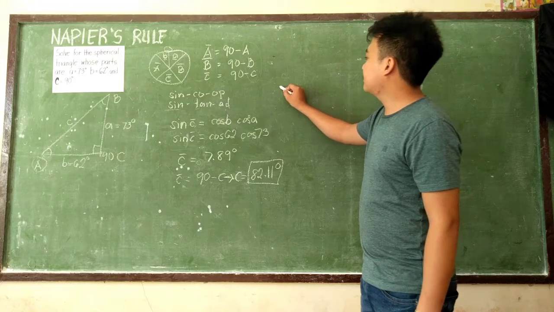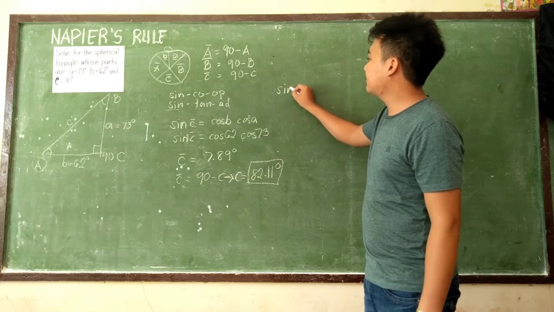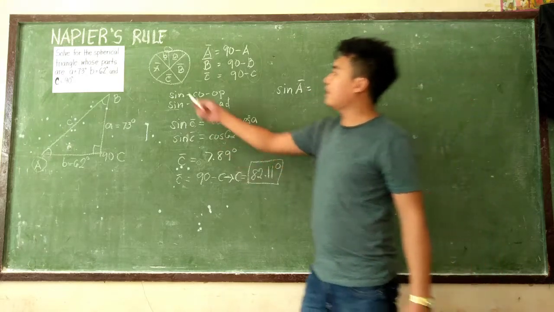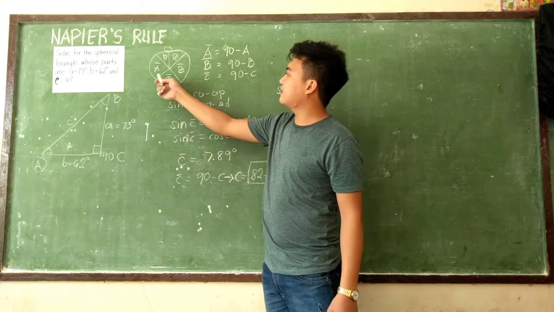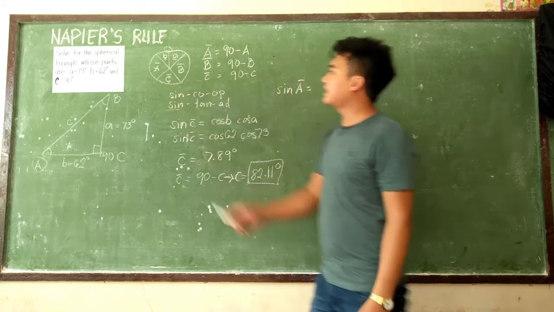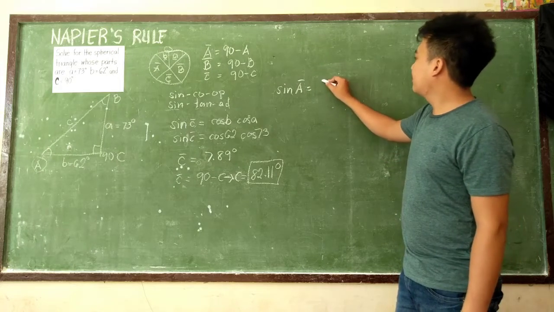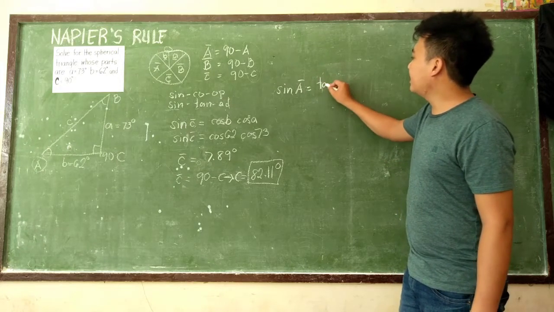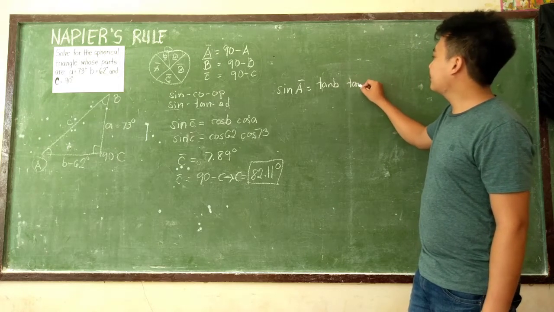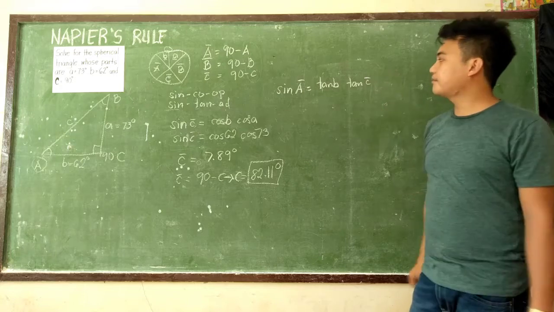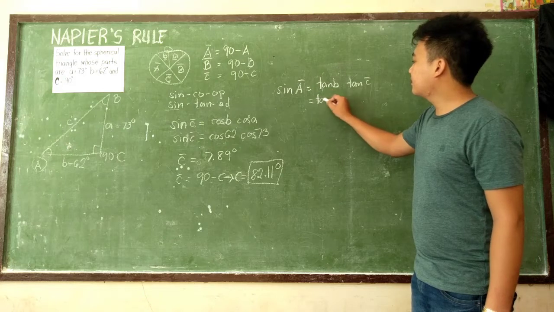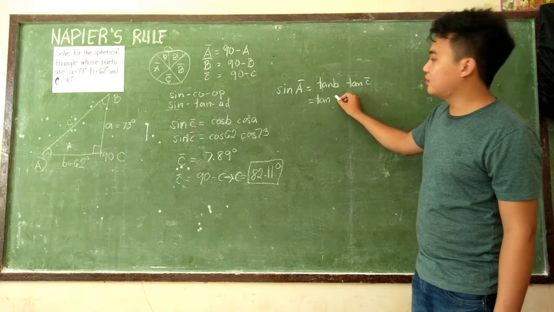So sin A bar is equal to, so the adjacent sides of A bar is B and C. So that is tan B and tan C bar. Just substitute. So B is equal to 62 degrees.